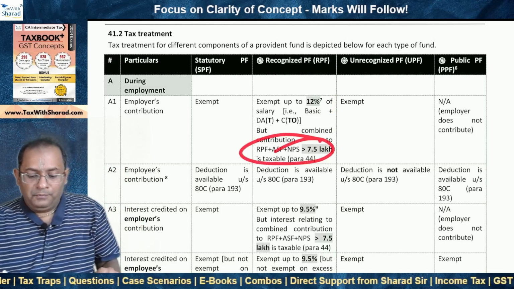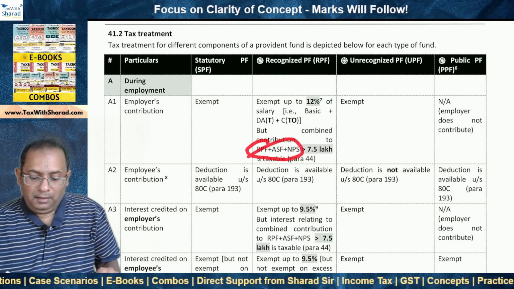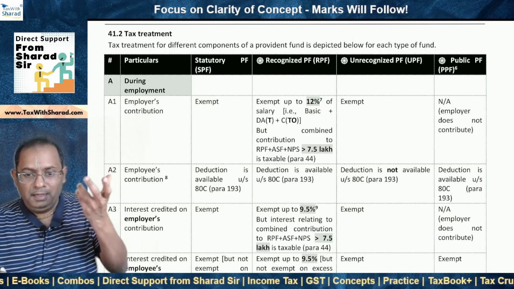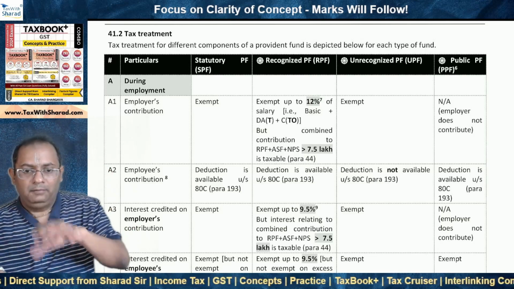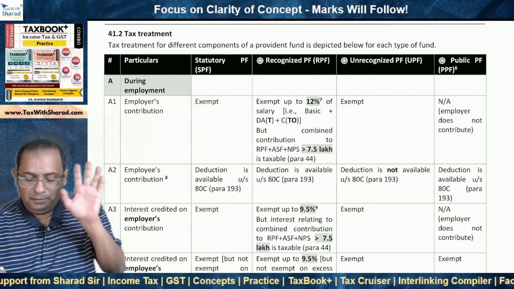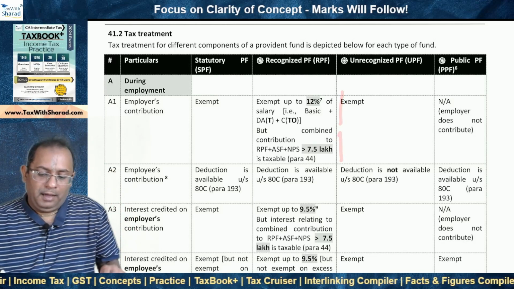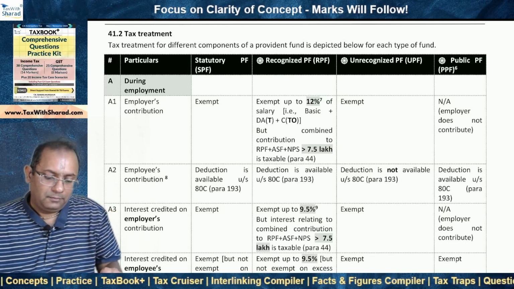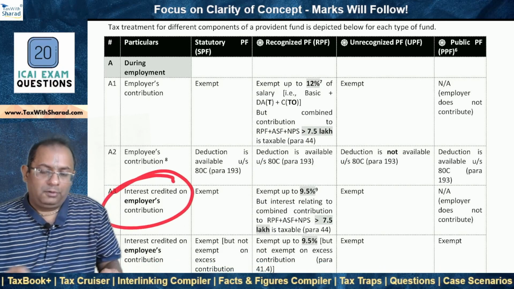Under the second layer, if the combined contribution for RPF, ASF, and NPS is more than 7.5 lakh, say the contribution is 8 lakh, then excess is 50,000. 50,000 will become taxable. It will be added to the income under the head salaries straight away. So this is the first layer, this is the second layer, and both the layers you need to take into account, you need to make a note of. Now, what about interest which is credited on employer's contribution?